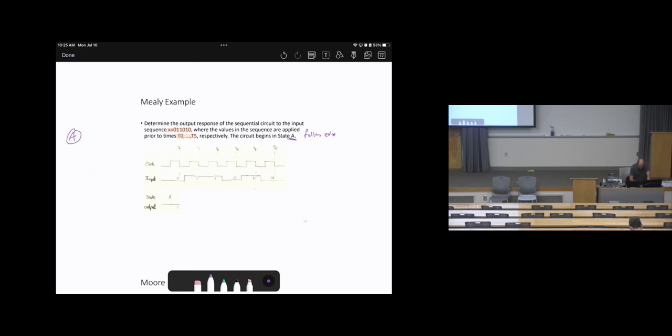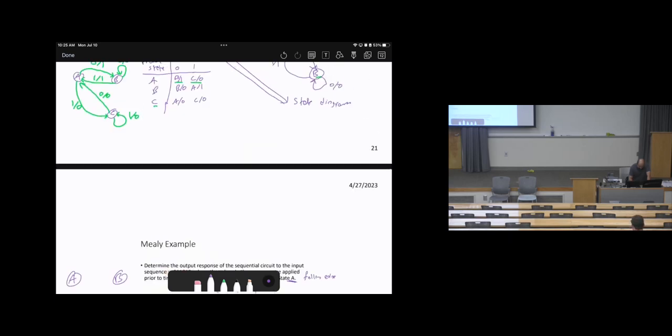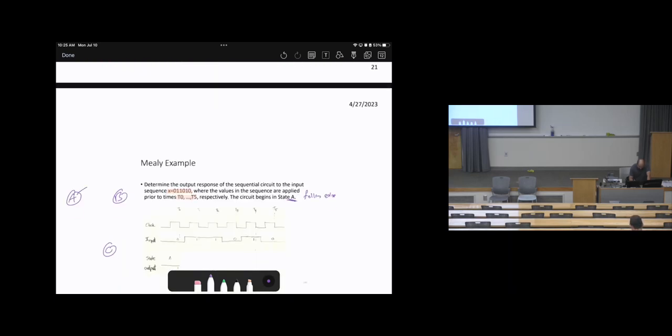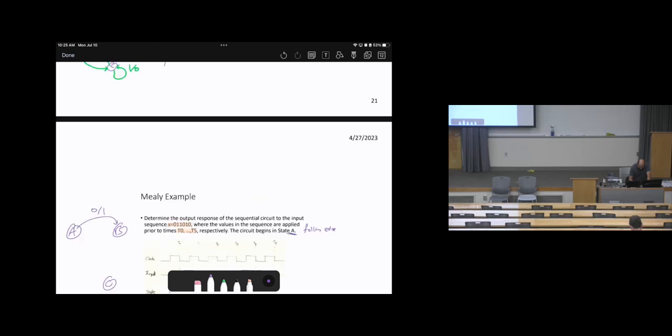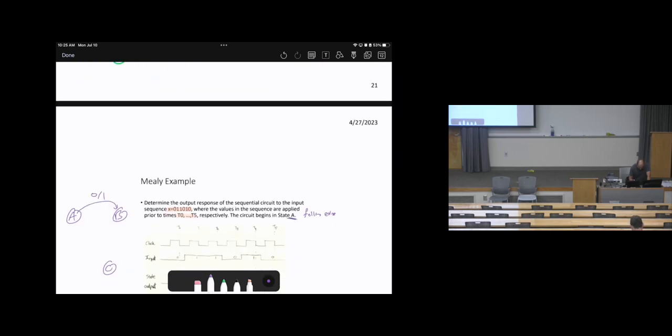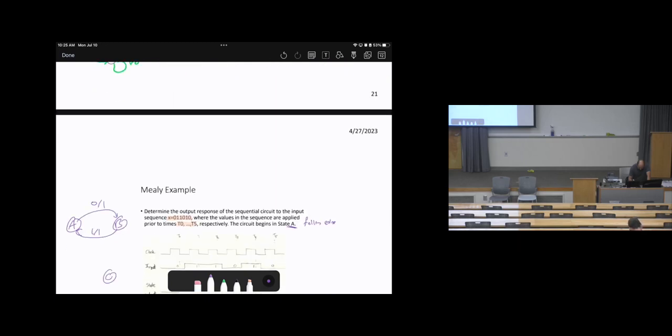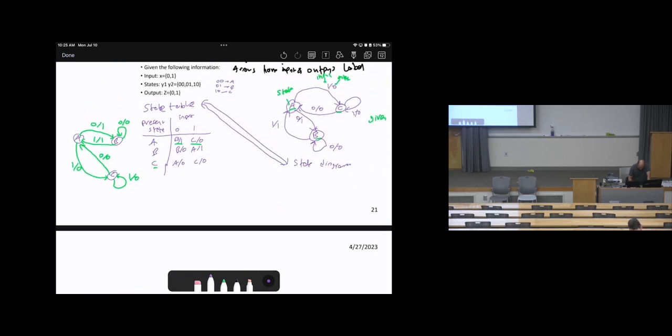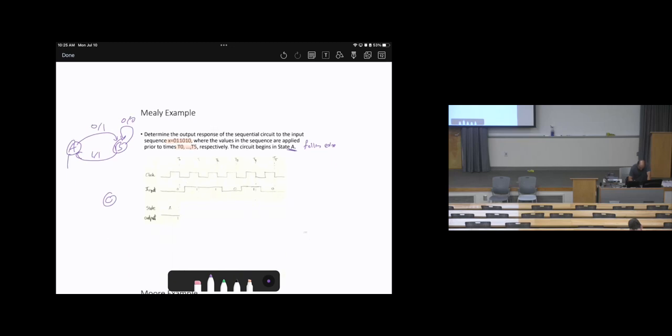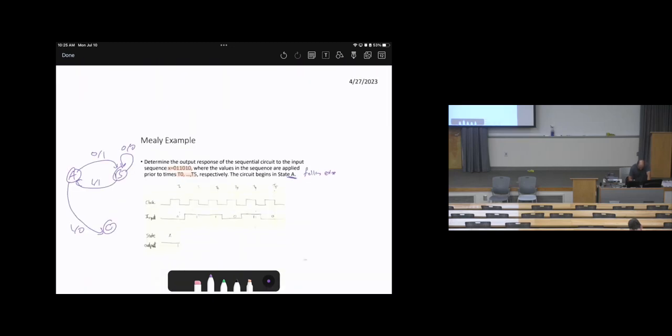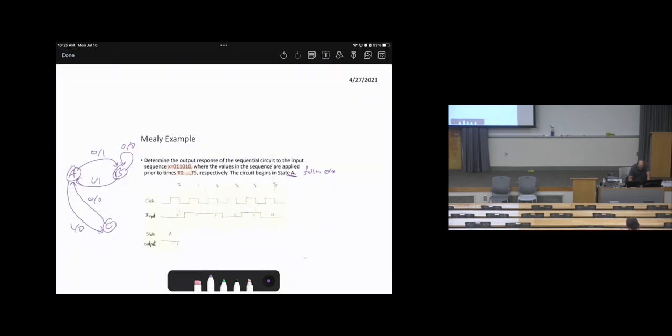Here is A, here is B, here is C. For this Mealy model, A will go to B with 0/1, then here 1/0, then 0/0, then 1/0, then here 0/0, then here 1/0.